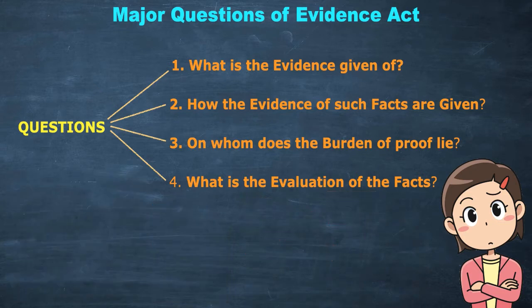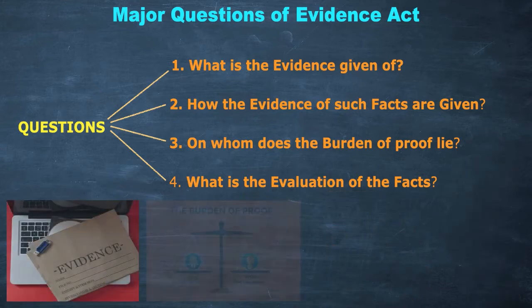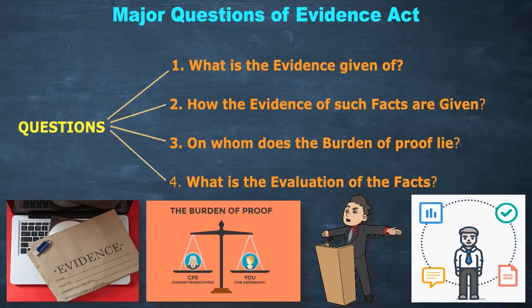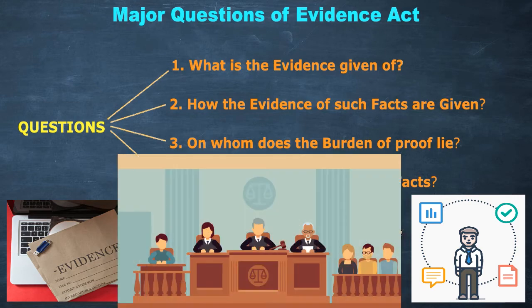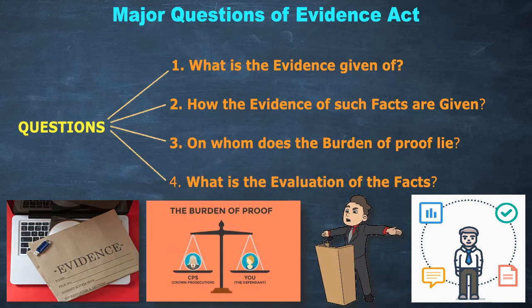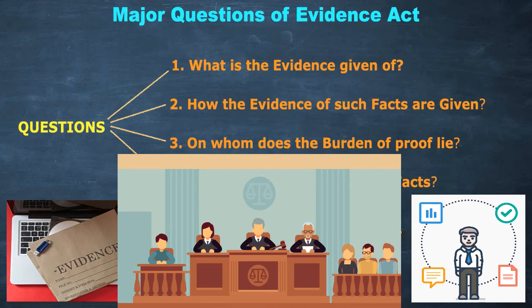So basically these four questions are very significant while deciding, or basically in court proceedings of an offense. Fundamentally, these four questions are very important, especially when court proceedings are going on in respect of any offense.